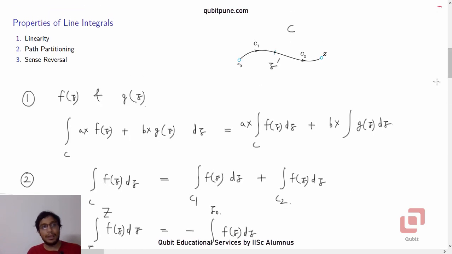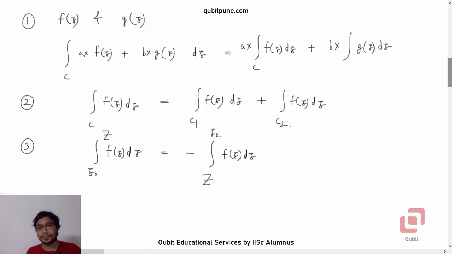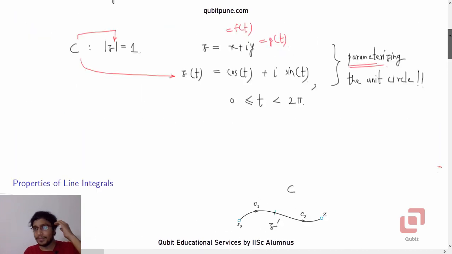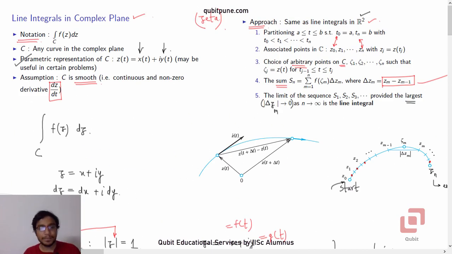So these are the three important properties of line integrals of complex functions of a single complex variable in the complex plane: linearity, path partitioning, and sense reversal. Any doubt here? No doubt? Okay, let's go to the next part now.